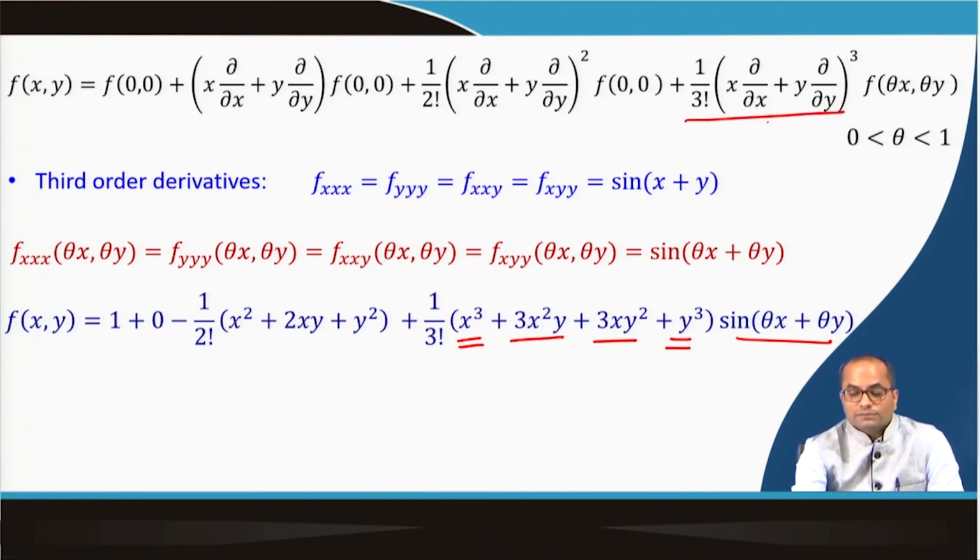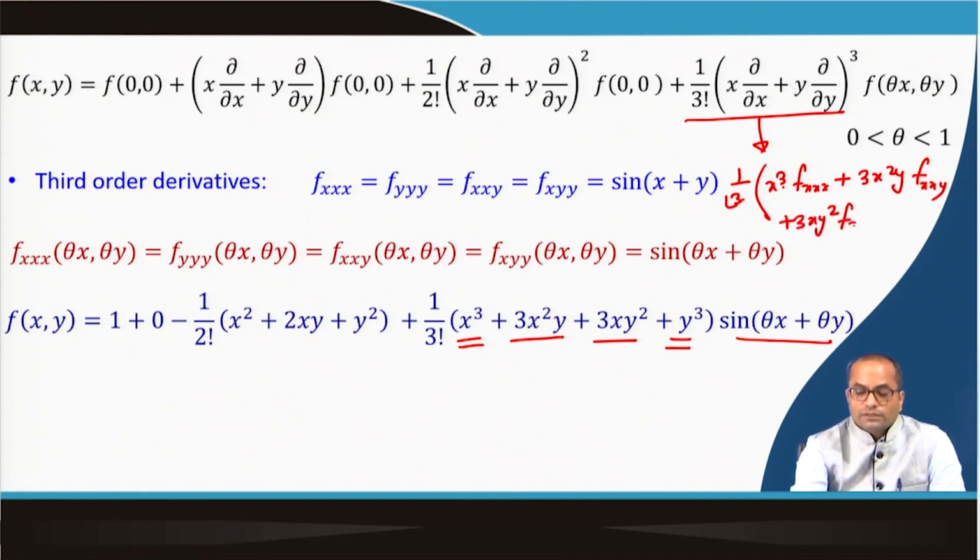as a result of this, because when we open this is 1 over factorial 3 and we have x cube and we will get f x x x, and then we will have here 3 x square y and there will be term x x and y, there will be a term 3 x y square and corresponding this derivative, and we will have also y cube there and we will have f y y y.